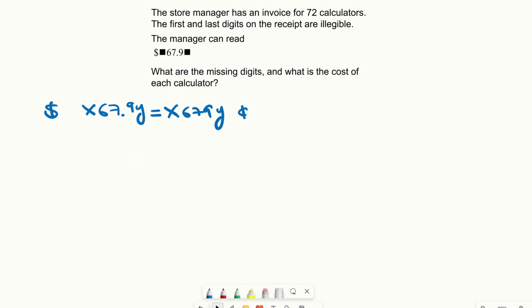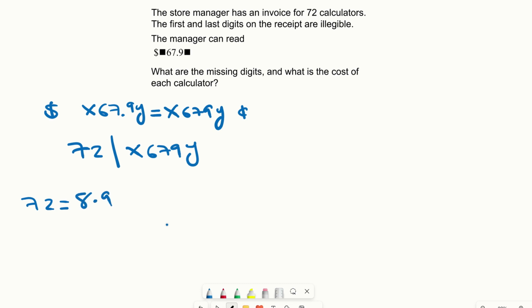Okay. Now, obviously 72 calculators were purchased, right? So this number must be divisible by 72. 72 must divide x679y, right? But notice that 72 itself is 8 times 9, right?